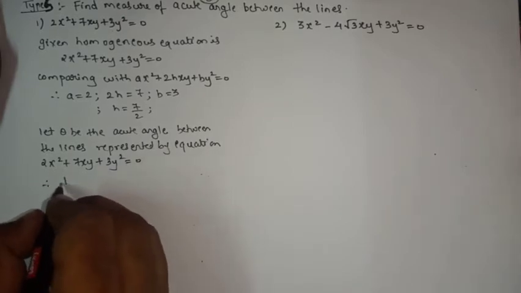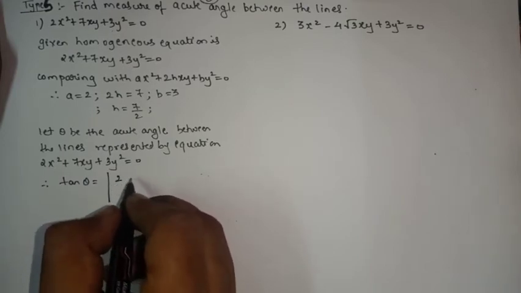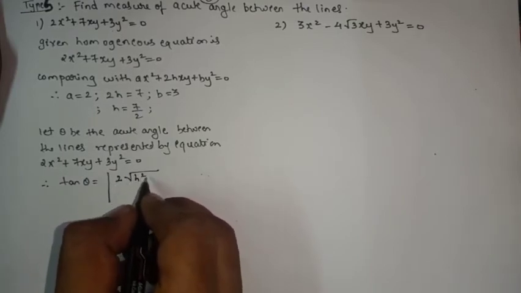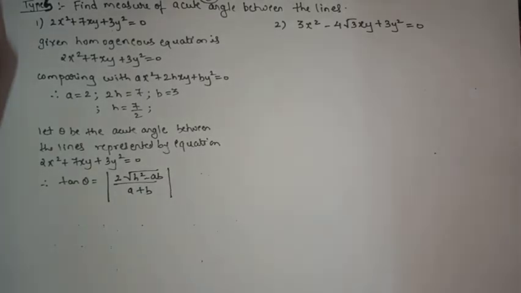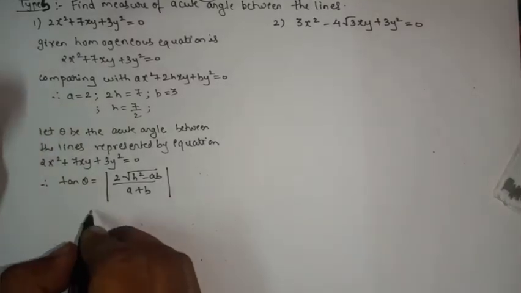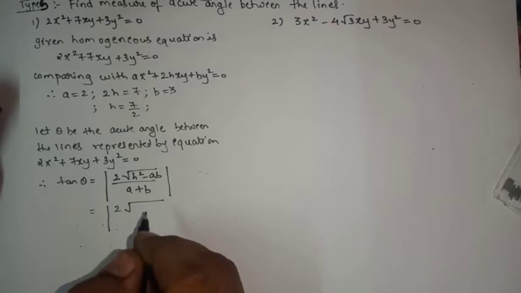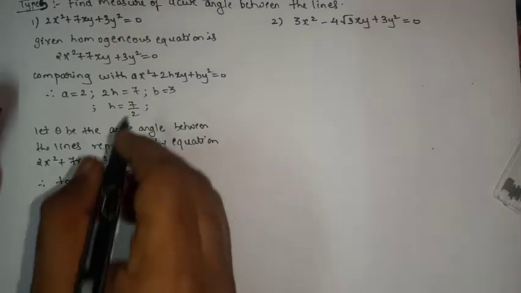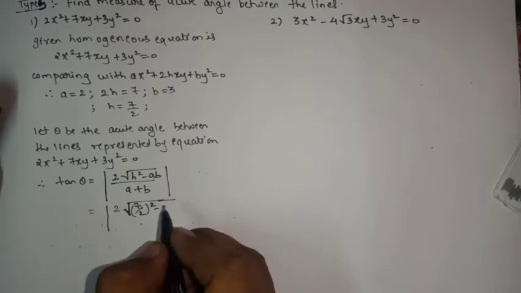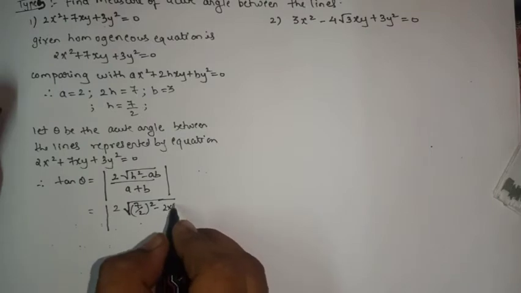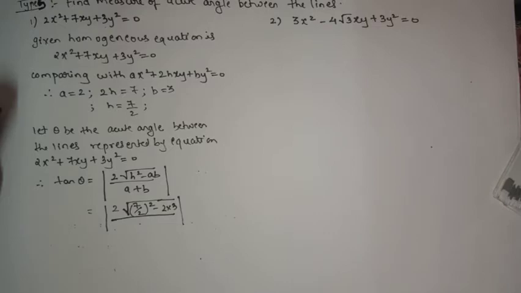So now apply the formula. So tan theta is equal to 2 root of h square minus ab upon a plus b. Okay, simply substitute the values. 2 root, here h is 7 by 2, so we'll write 7 by 2 but the whole square, minus a into b, that is 2 into 3, upon a plus b.